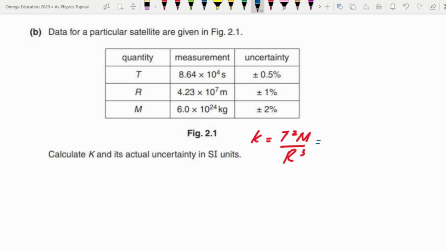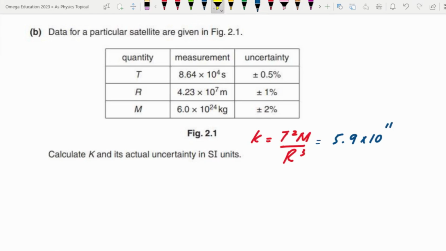Once you insert the values on the calculator, the value of K would come out to be 5.9 into 10 raised to the power 11, to 2 significant figures. Why 2 significant figures?